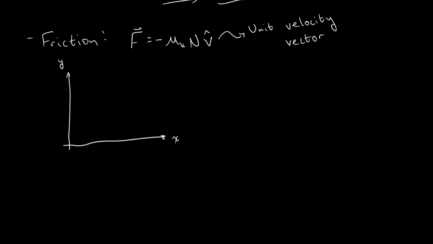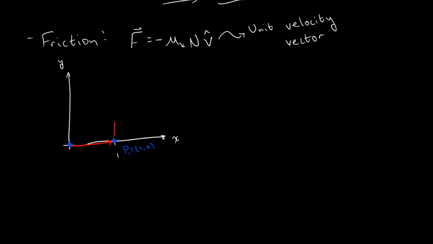The first path that we'll consider, we'll say we start at the origin. And now we'll travel along the x-axis to x equals 1. So I'll call this point P1 equals 1, 0.